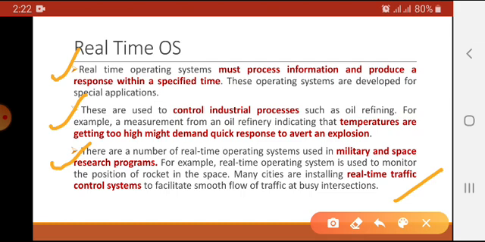So, what will happen in real-time traffic control systems? If there is no traffic coming, that signal will become red automatically without any specific timing, and on the road where the load is high or heavy traffic is coming, the signal will remain green for more time, which will provide smooth traffic flow at the busy intersections.